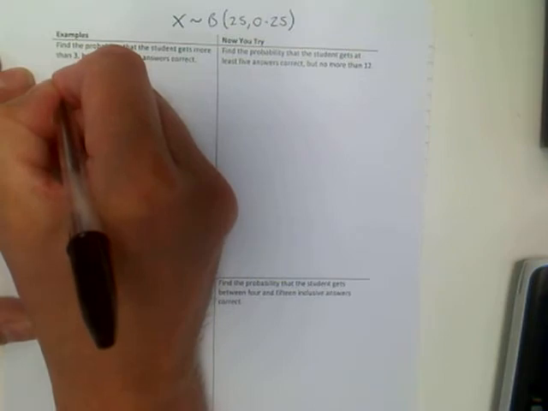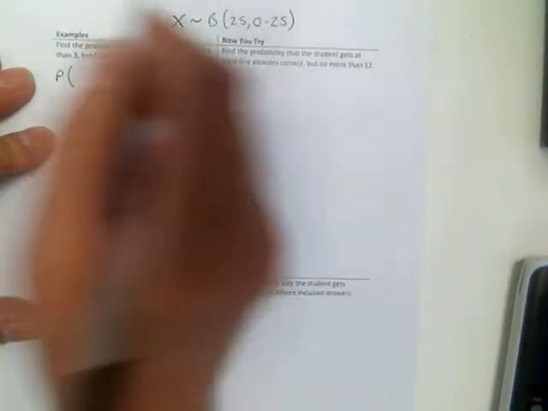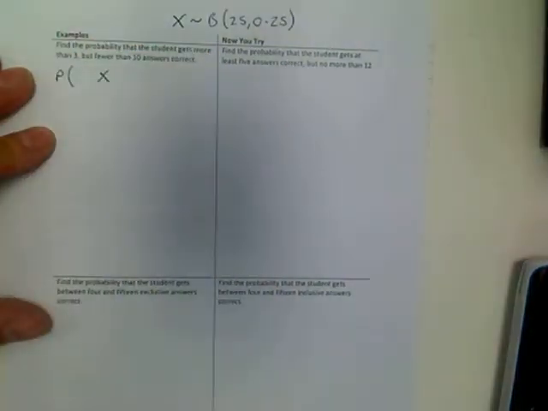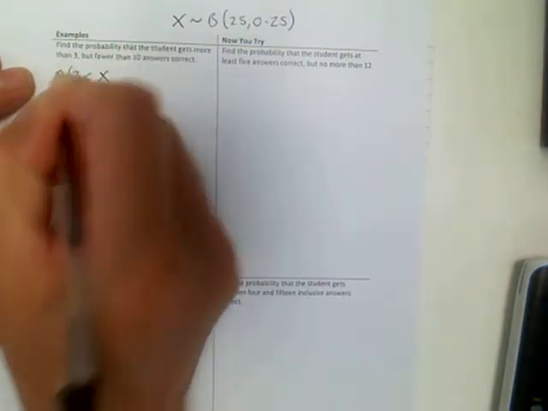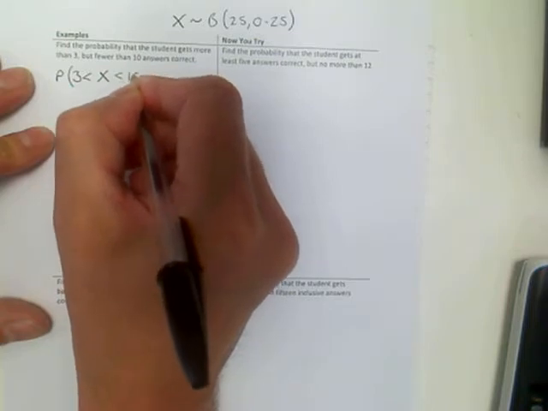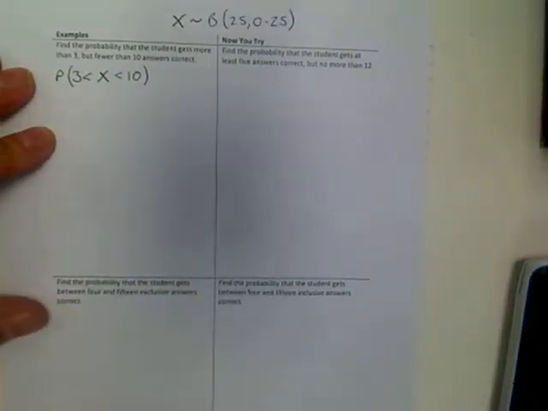So let's start with what the question is asking us for. Given that binomial distribution, I want to know the probability that the student gets more than 3 and less than 10. So it's not including the 3 and it is not including the 10.